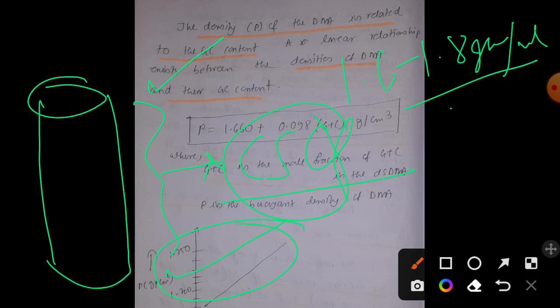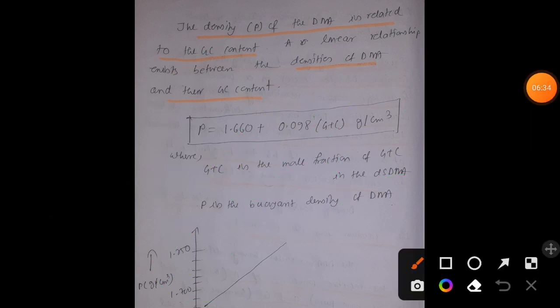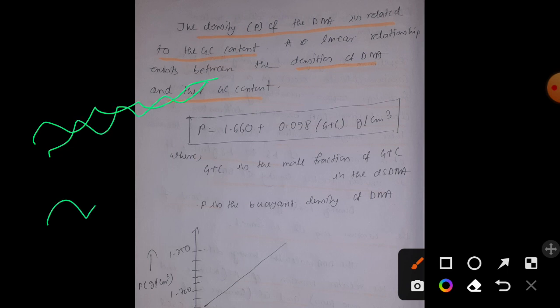Okay, and how are we separating DNA on the basis of their Bowen density? If we consider two DNA molecules, they should have differences in AT and GC.